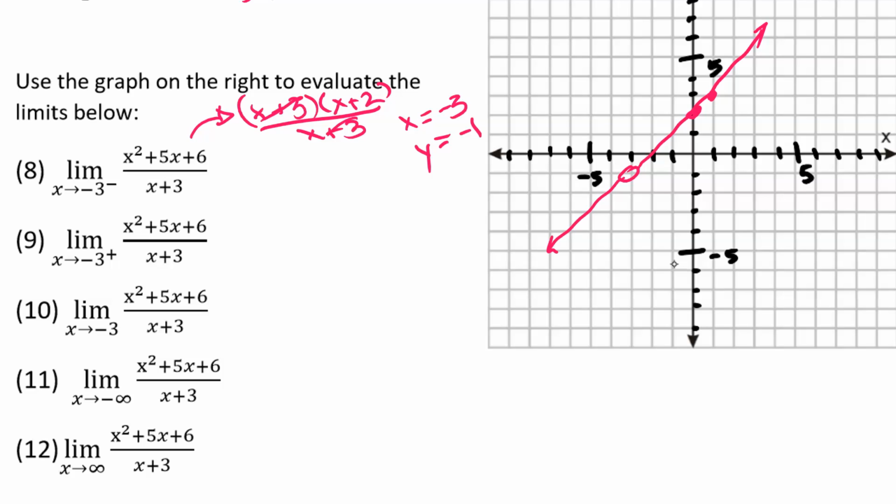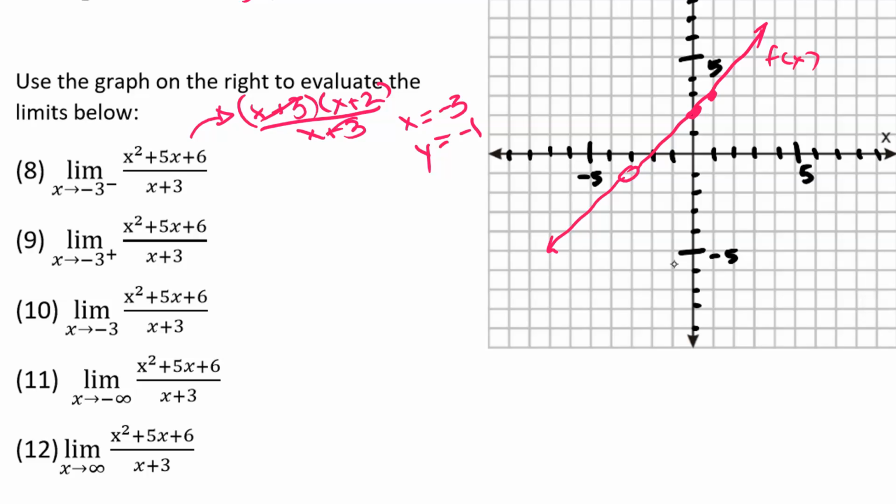So this is our function f of x. You don't really need to know how to graph that, but that's how we do it. We spent quite a bit of time last year on removable discontinuities, so that should seem familiar to us.